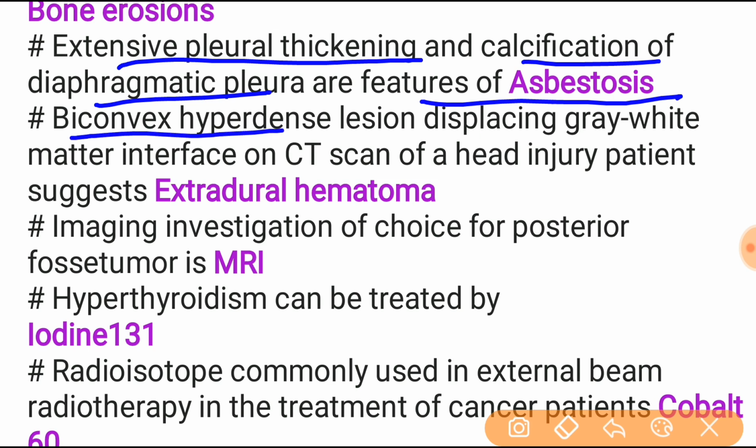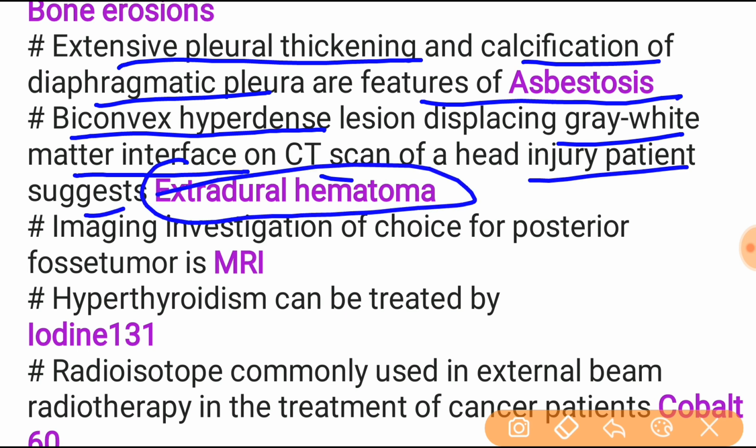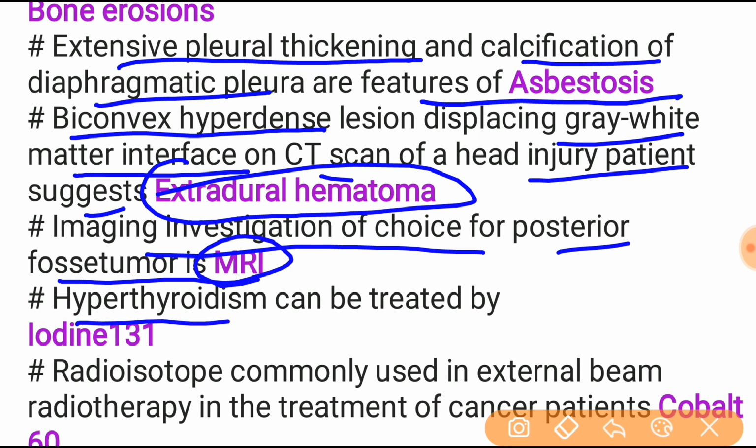Biconvex hyperdense lesion displacing the gray-white matter interface on CT scan of a head injury patient suggests extradural hematoma. Imaging investigation of choice for posterior fossa tumor is MRI. Hyperthyroidism can be treated by iodine 131.